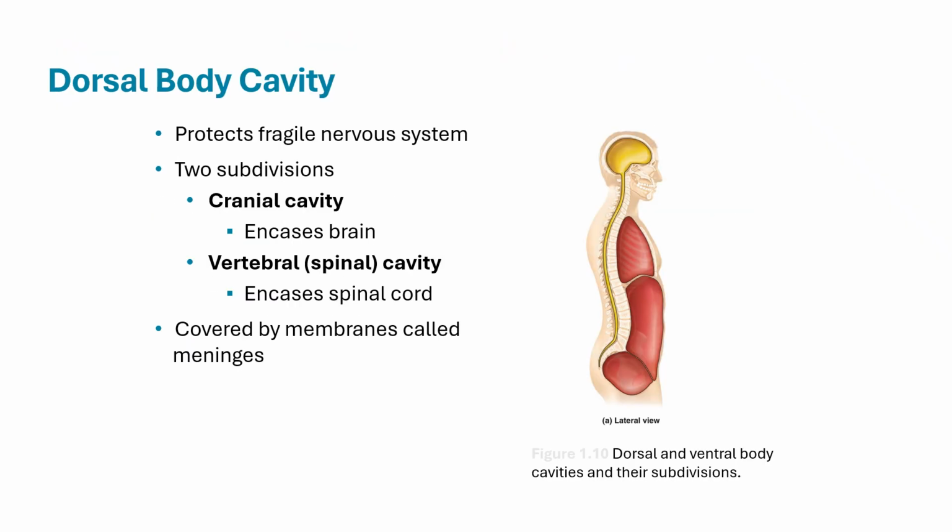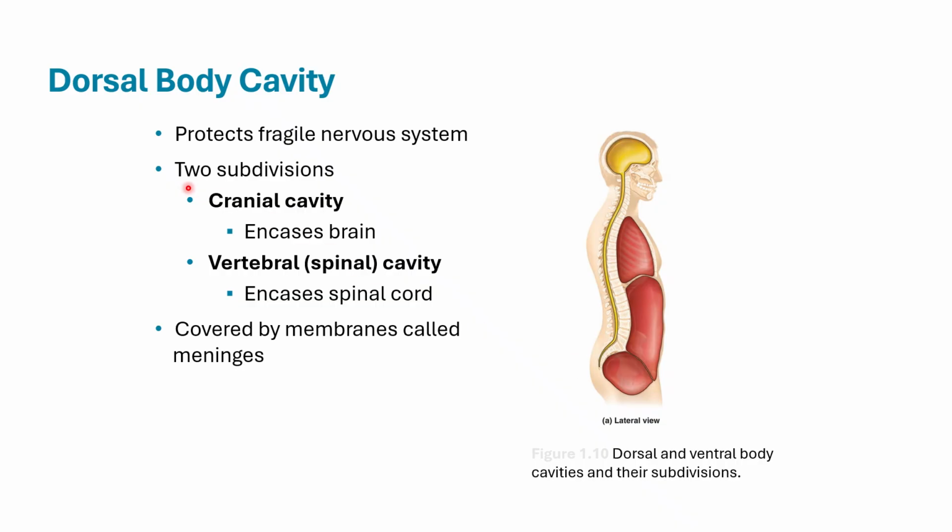So this is the dorsal body cavity. It protects the fragile nervous system. Okay. The skull and the spinal cord is seen very clearly here. The rib cage, abdomen, and pelvis are also clearly indicated.